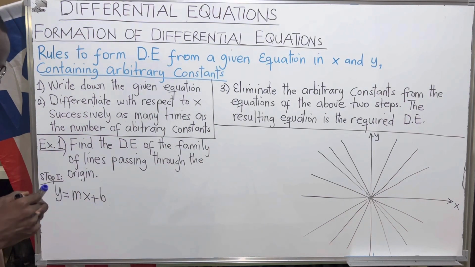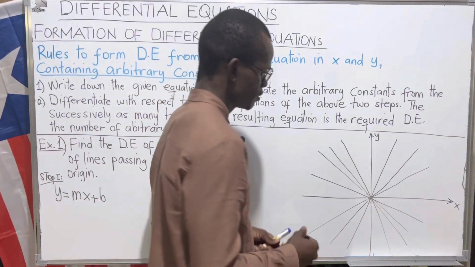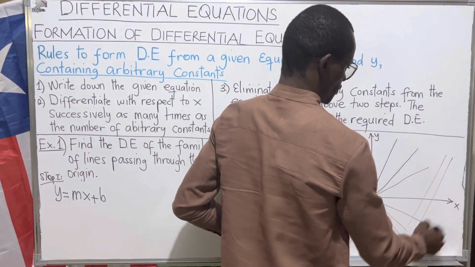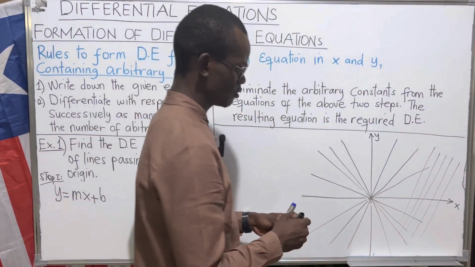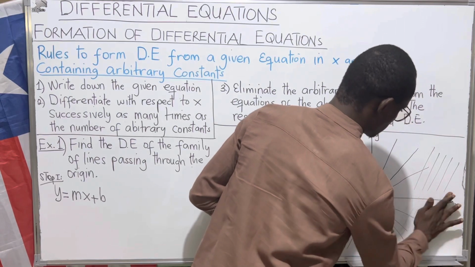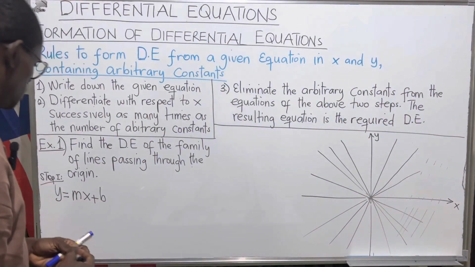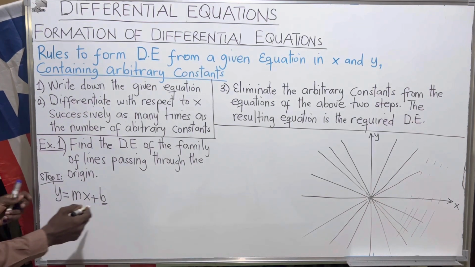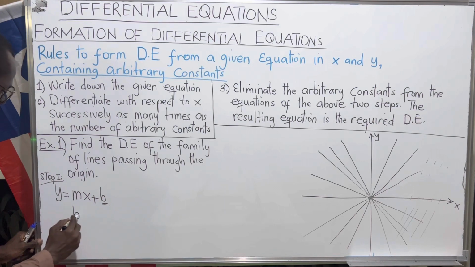But one thing we need to take notice of is that these lines are all running through the center of the circle, which means we do not have a value for b, or we can say b is equal to 0.